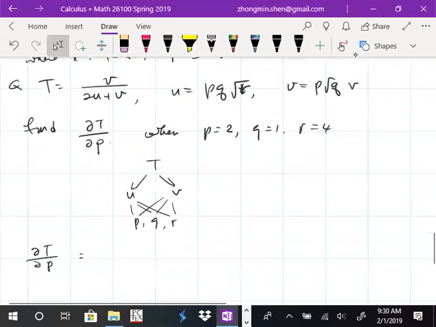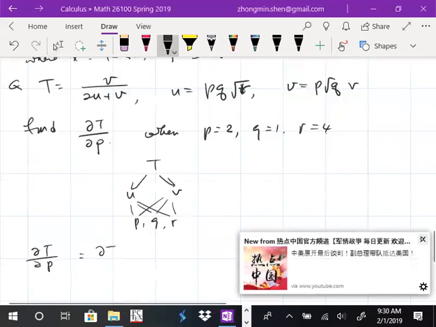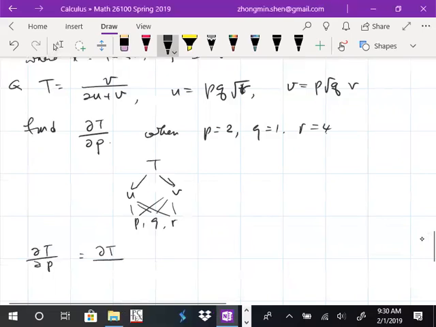Now, when you use the chain rule, there are 3 layers here. t is on the very top, u and v are the intermediate variables, and p, q, r are at the bottom. So this should be the partial derivative of t with respect to u, then the partial derivative of u with respect to p.